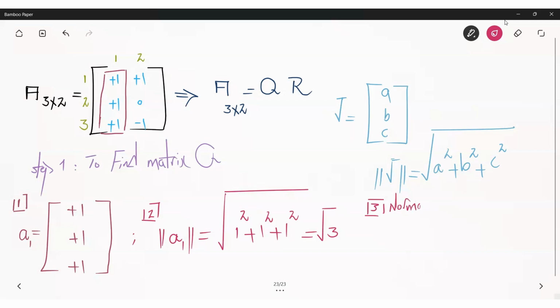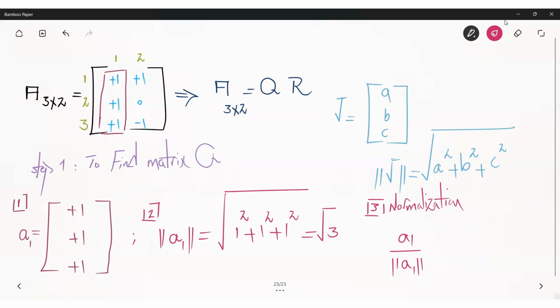You're going to hear about that word many times, even if you just go to get a job. Normalization. What normalization means is that the vector that you built, which was A1, you divide it by its length, which is the length of A1. Okay, it means that you got a vector, you divide it by its length.